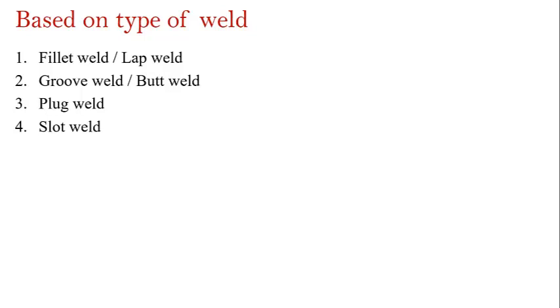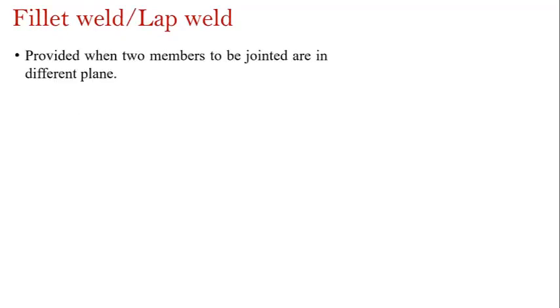Now let's look at each one of these four categories in a broad way. The first one is fillet weld, which is also called lap weld. What exactly happens here? It is provided between two members which are jointed in different planes. A lap joint is nothing but two different plates overlapped one over the other.